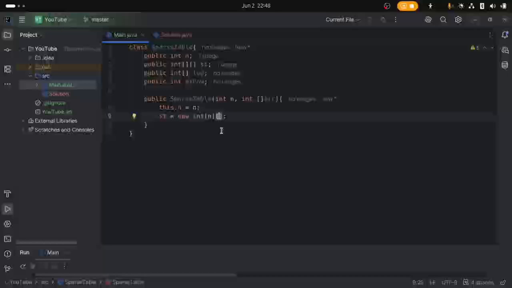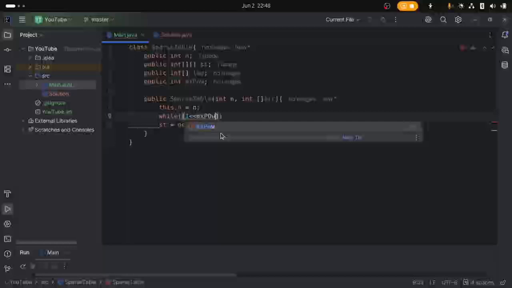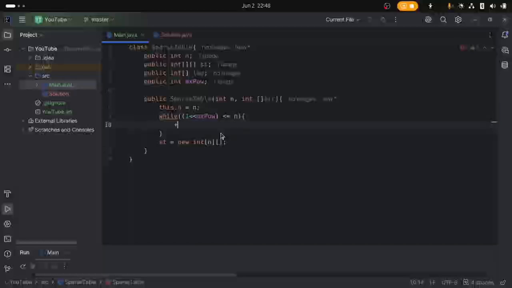Usually people declare it as 30 or 32, as I told in the video, but let's determine the actual power which we need. So while 1 left shift by max power is less than or equal to n, max power plus plus.